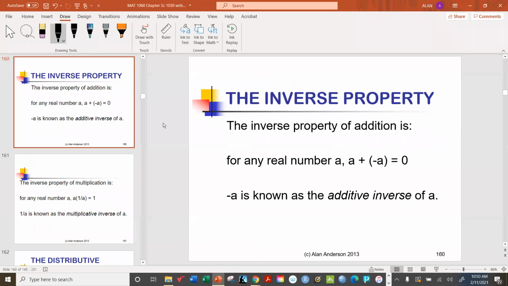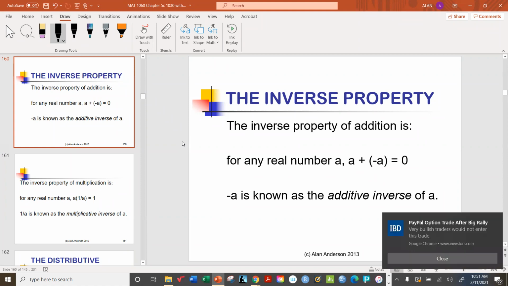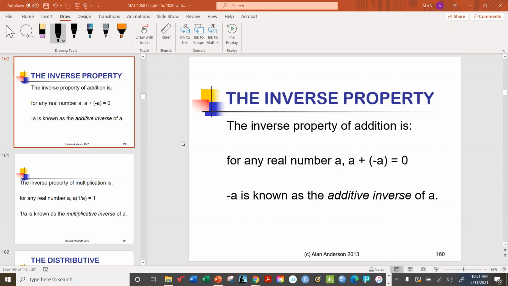Then we move into the inverse property, which is closely related to the identity elements. So we know, for example, that if I take any A and add its negative, I end up with 0, which is the identity element, which means that this negative A has its own special name.